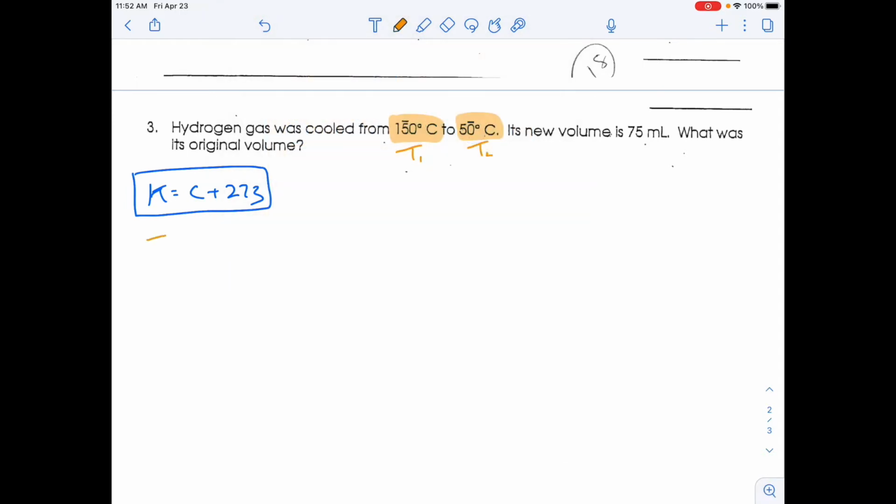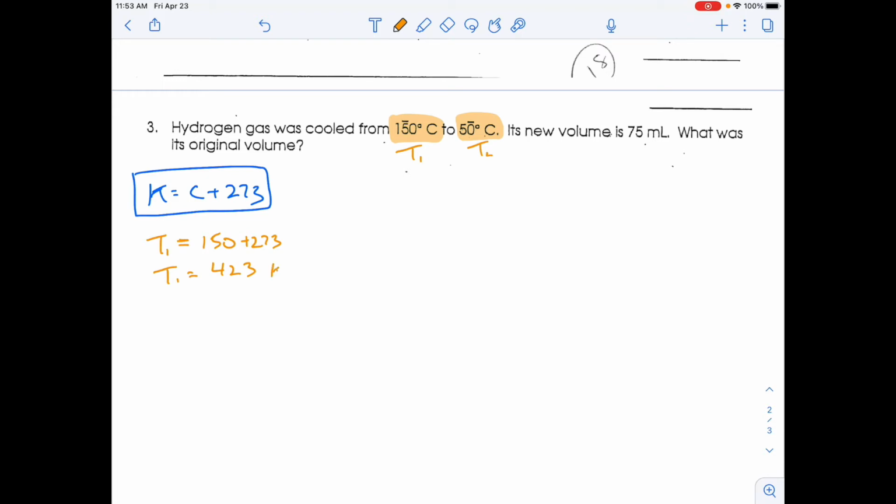Temperature 1, in Kelvin, is 150 plus 273, so temperature 1 is going to equal 423.